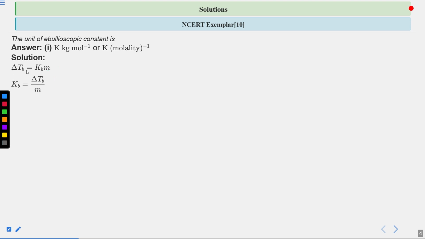So from this relation of boiling point elevation, you can rearrange the equation and write Kb is equal to delta Tb by m, right? Now delta Tb is nothing but the change in temperature.